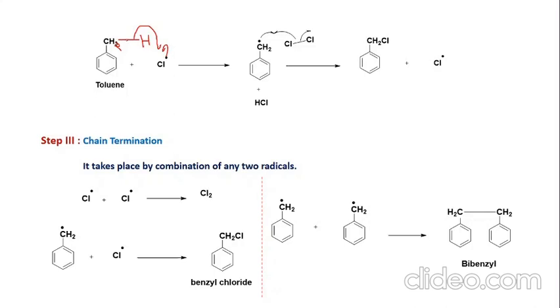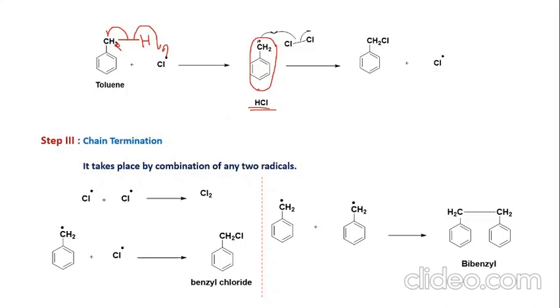A radical mechanism is always shown by a single headed arrow. So this bond breaks in this fashion to give a radical on the CH2 group, and this chlorine radical combines with the hydrogen of the CH3 group to give HCl. This is how the benzyl radical is formed.